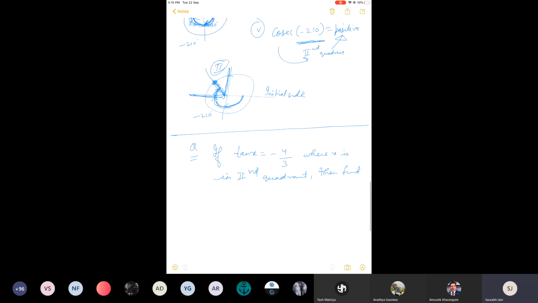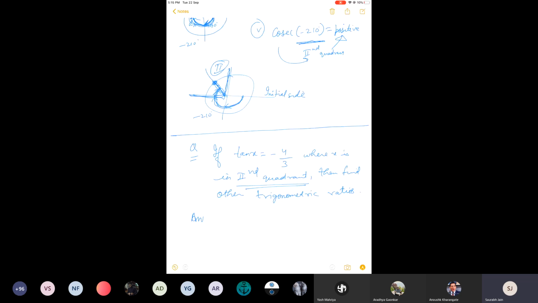This time we will not make any triangle. Actually, we cannot make any right angle triangle for a second quadrant obtuse angle. So if we cannot make a triangle, then how will we find trigonometric ratios? What else can we use so that we can find sin, cos, etc.? The answer is identities.